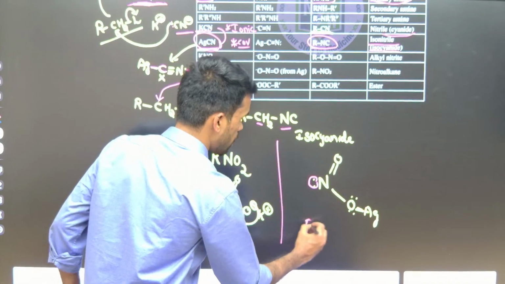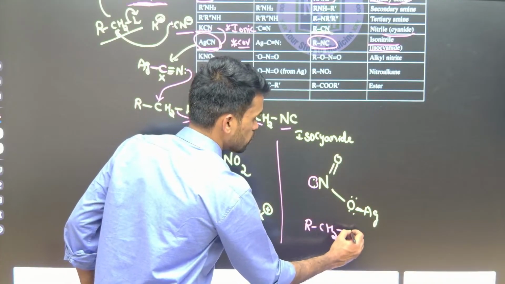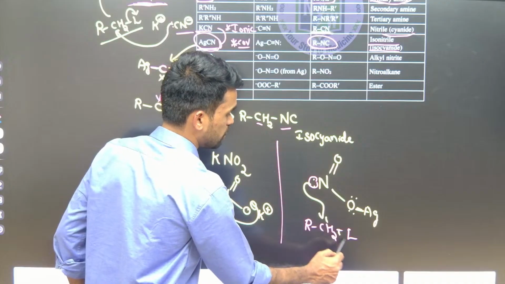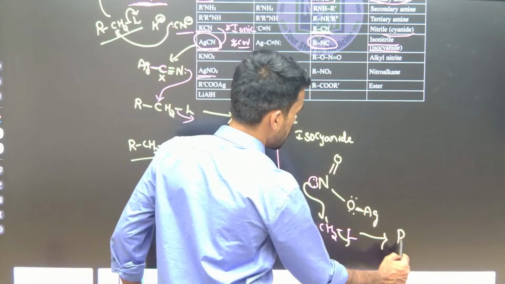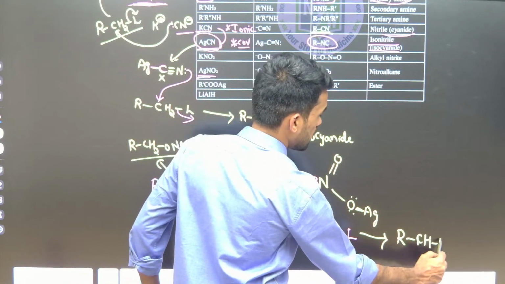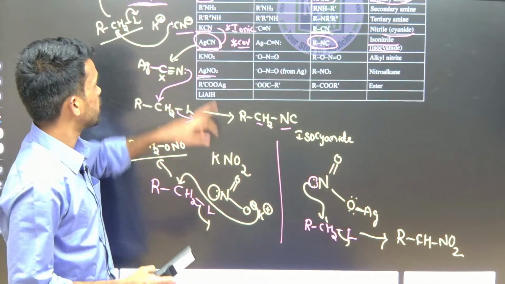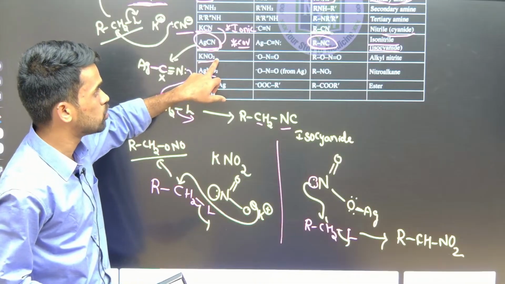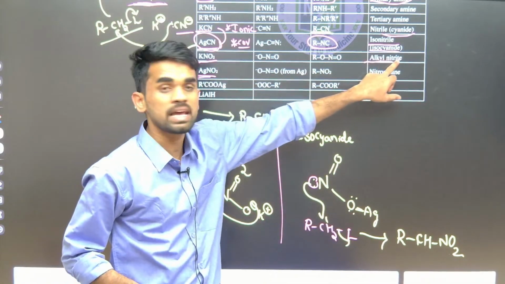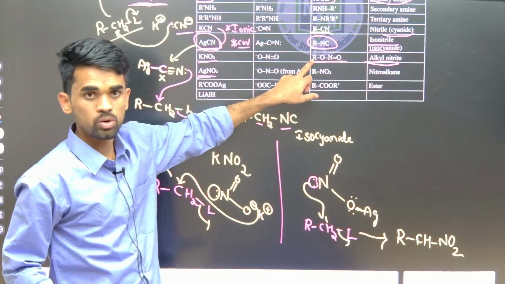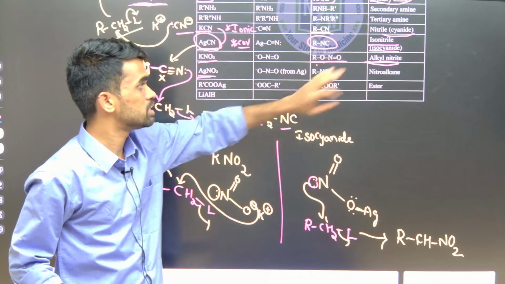So RCH2L, if I take L as the leaving group, nitrogen attacks and the leaving group goes out. So you will get RCH2NO2. Here it is ONO, there it is NO2. So if I take KNO2 or NaNO2, your product is alkyl nitrite, RONO.